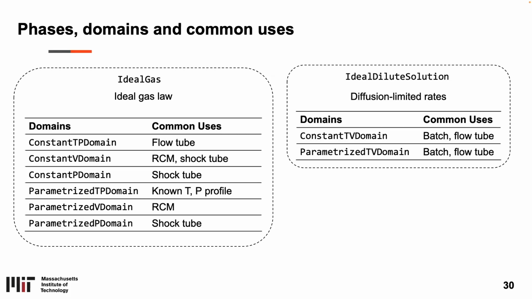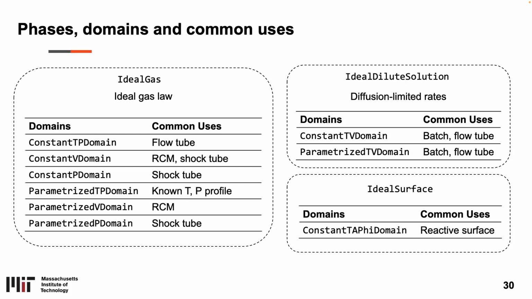And for liquid phase, we have 2. So this one is for a reactor that's slowly heating, and you can give it a temperature profile and solve it that way. And for the ideal surface, we currently only support 1, but we're still working to improve.